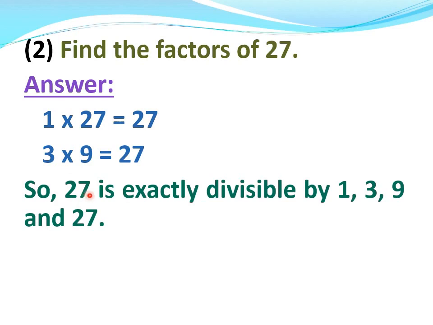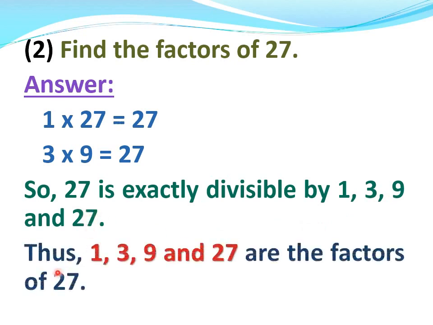So 27 is exactly divisible by 1, 3, 9 and 27. Thus 1, 3, 9 and 27 are the factors of 27.